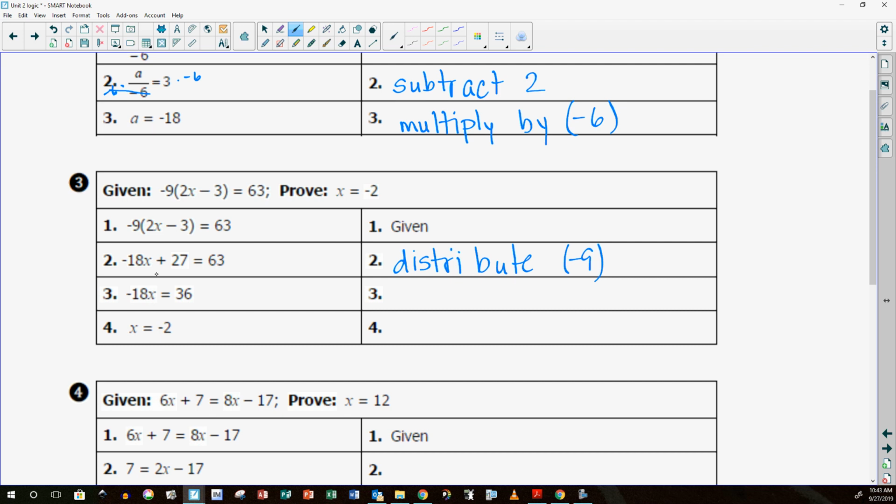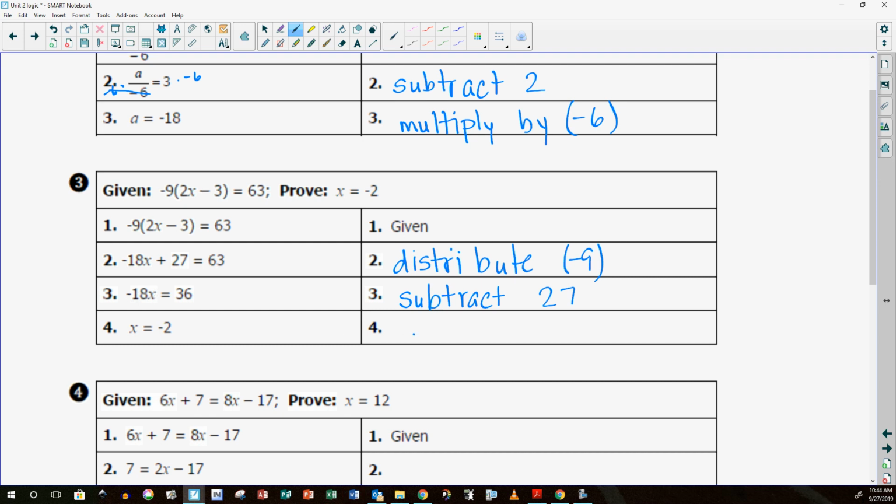And then here I noticed the 18x stayed the same, but the 27 is gone. So I'm going to subtract 27 from both sides. And then last step, I see that I went from negative 18x to just x.